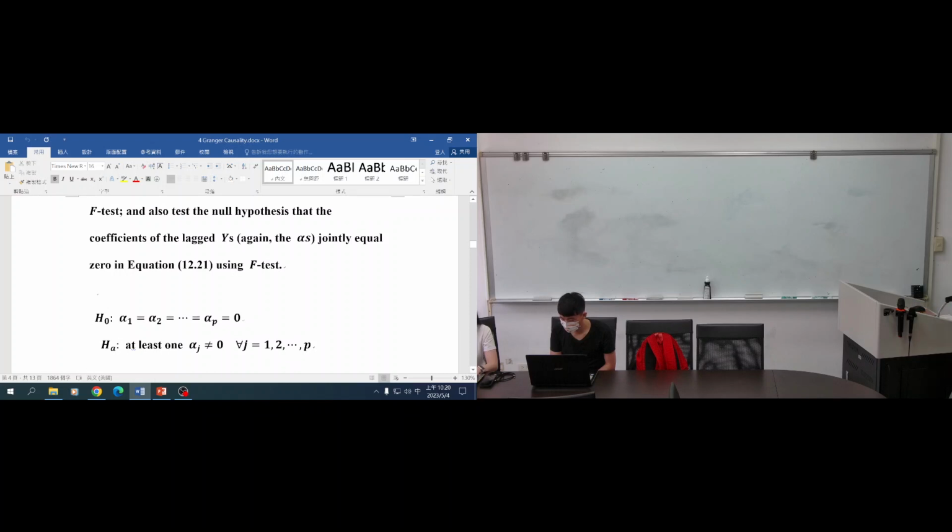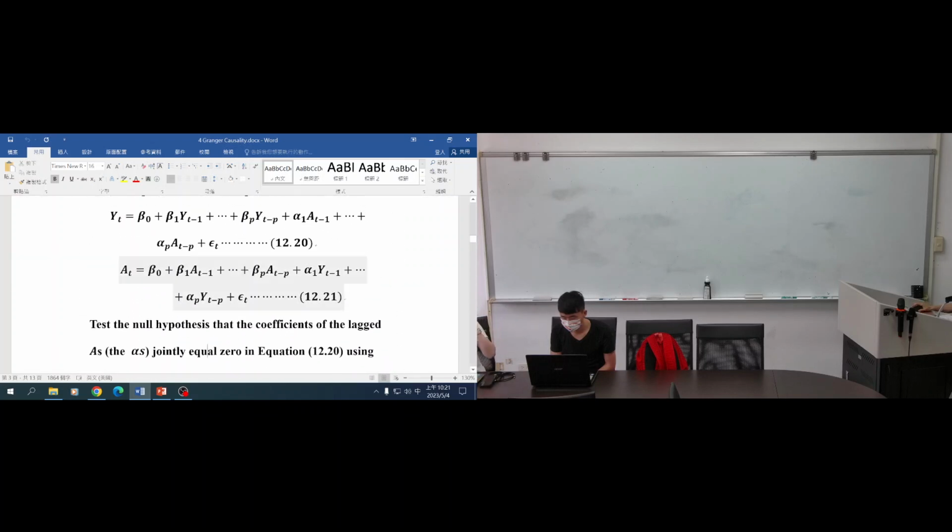Look at this one. Now the hypothesis: all lambda 1 up to alpha 1 up to alpha p. Look at the alpha. When I say alpha, it means this hypothesis testing applies to these two equations.